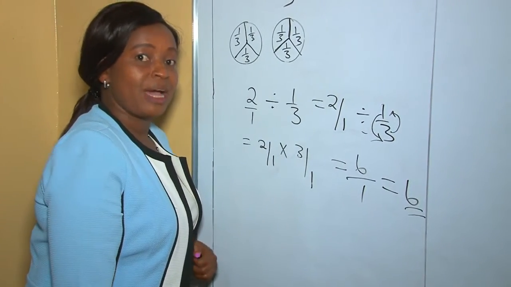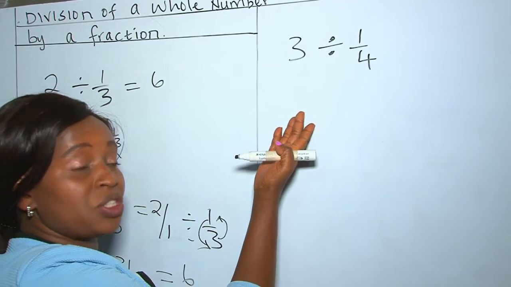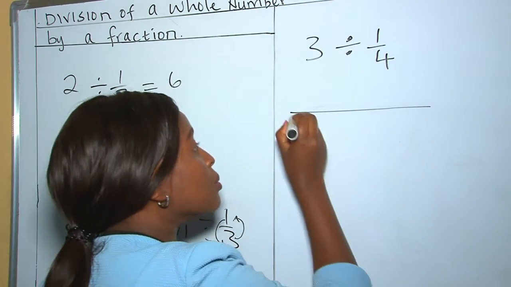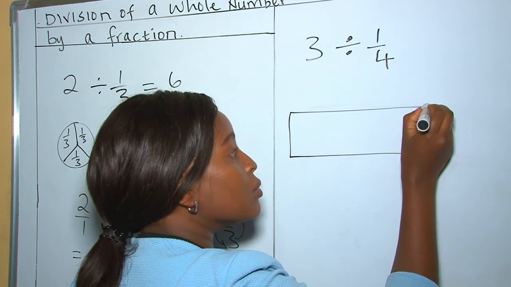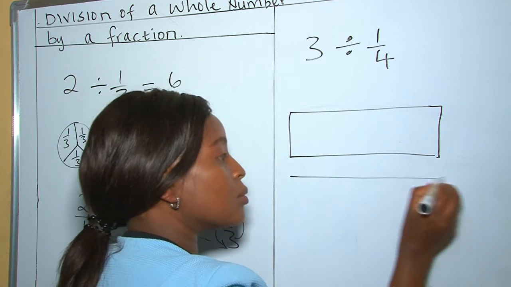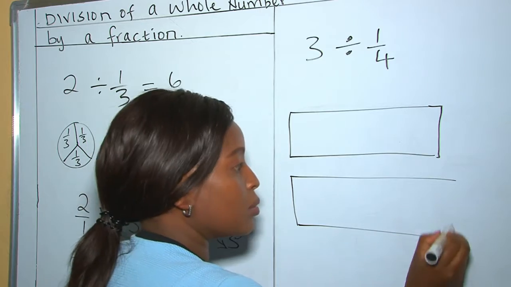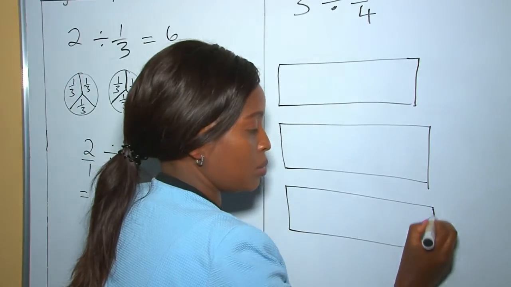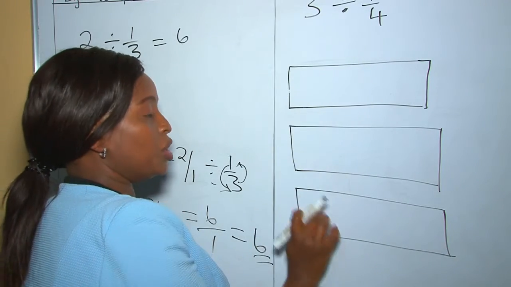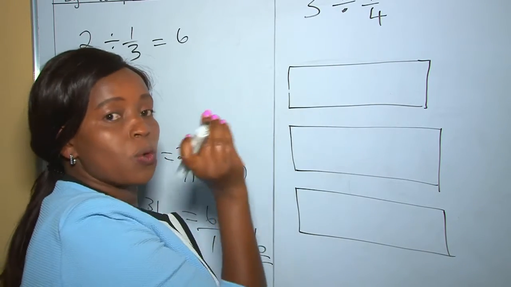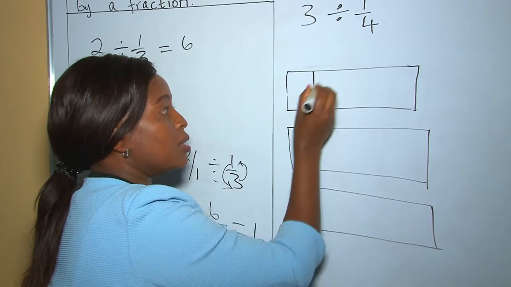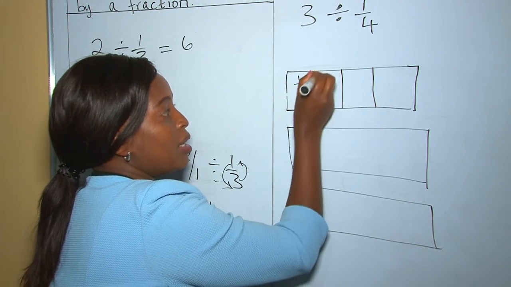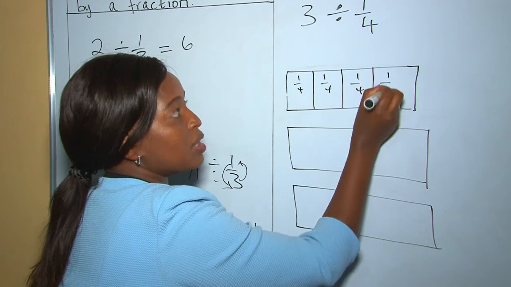Let's proceed to the next example, 3 divided by a quarter. Let's still use the practical approach. We can either draw circles or even bars. Bars 1, 2, 3. We divide each bar into quarters. 1, 2, 3, 4. So these are a quarter, another quarter, another quarter, another quarter.